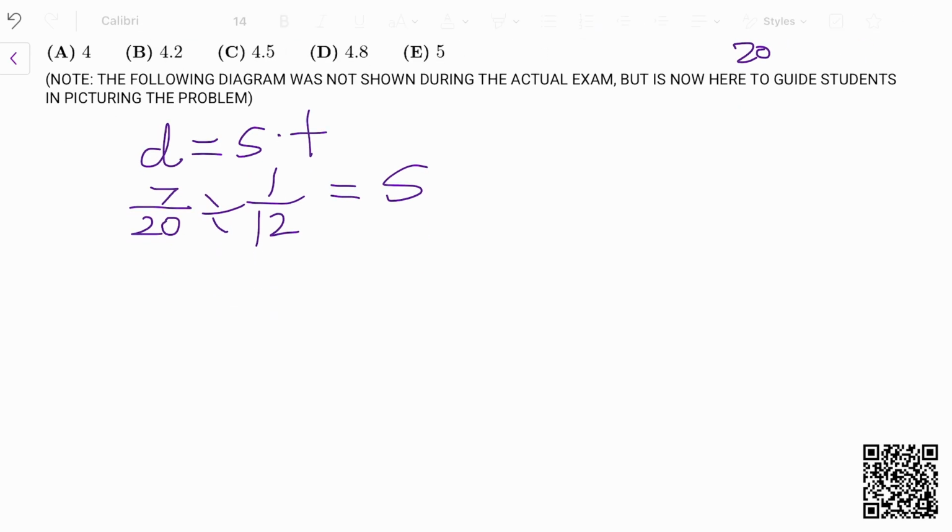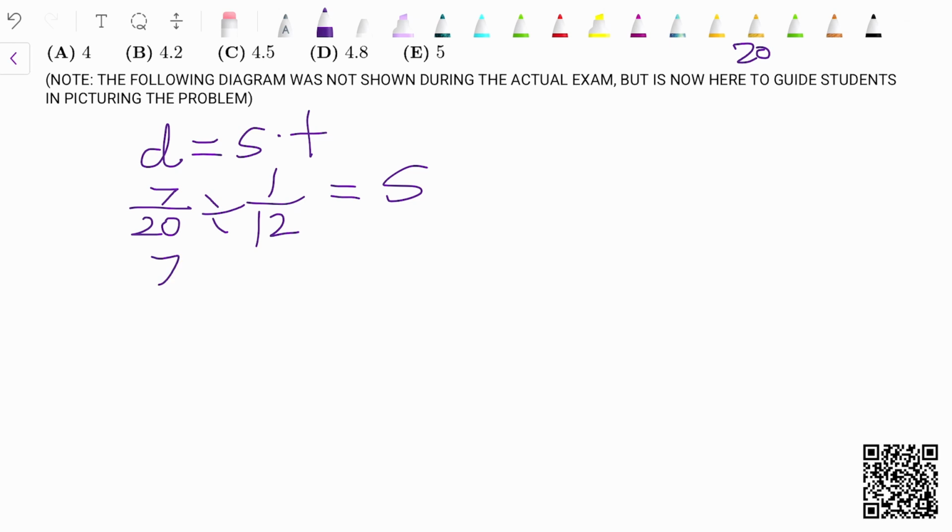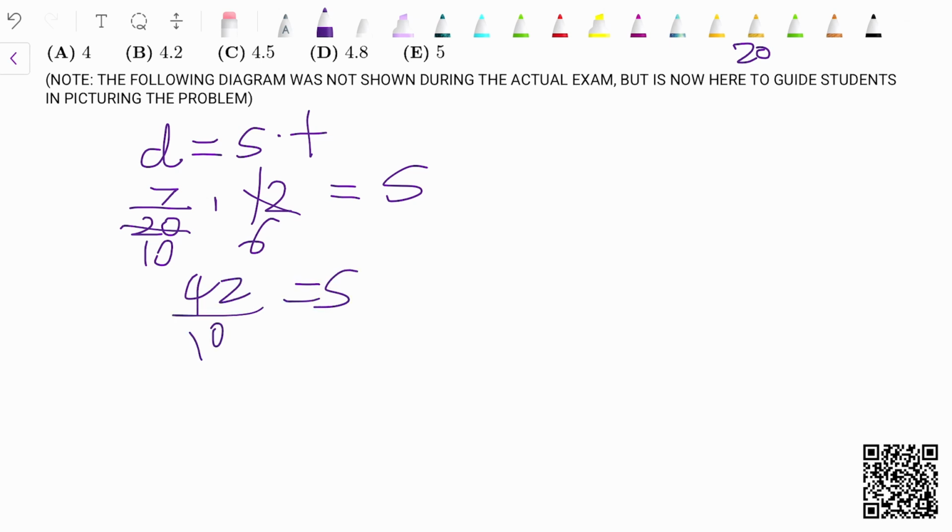If we solve this equation, since it's dividing by a fraction, we basically get 7/10ths multiplied by 12. Simplifying, but keeping the 10 just because it's easier to divide that way, we have 42 over 10 is equivalent to s, therefore s is equivalent to 4.2.